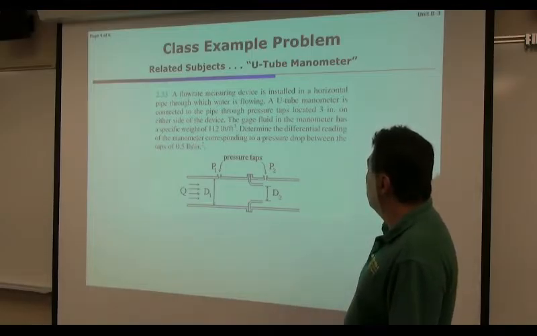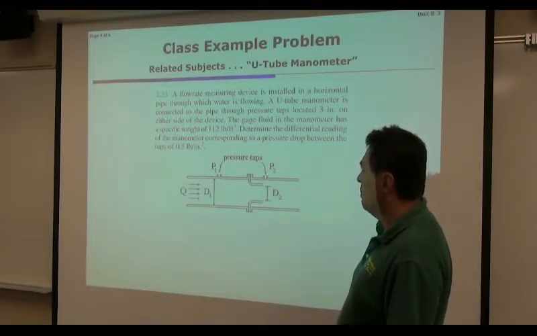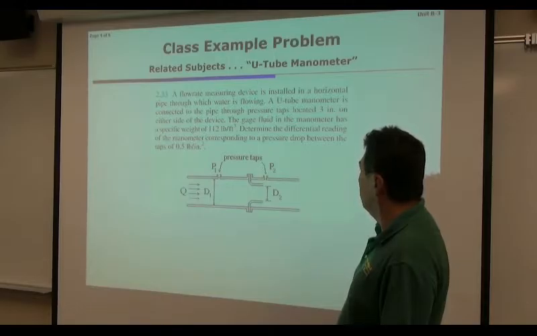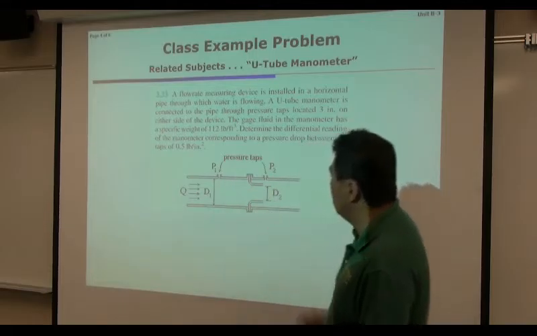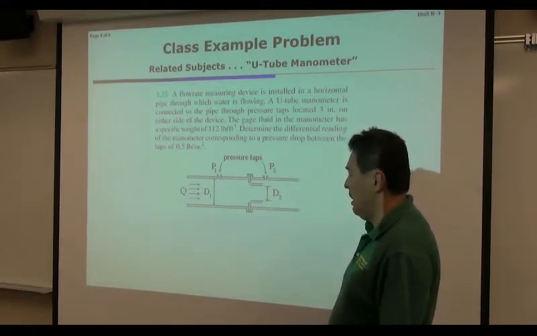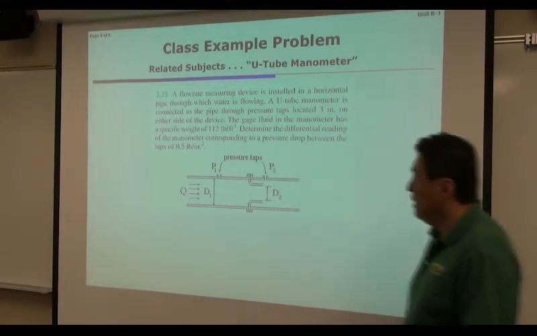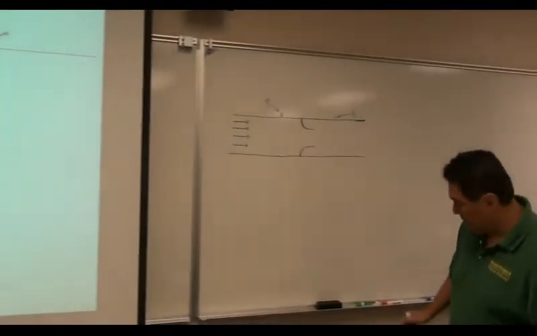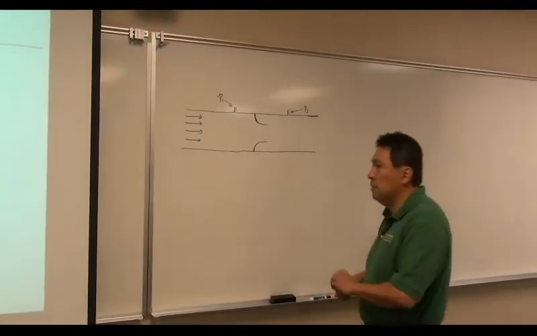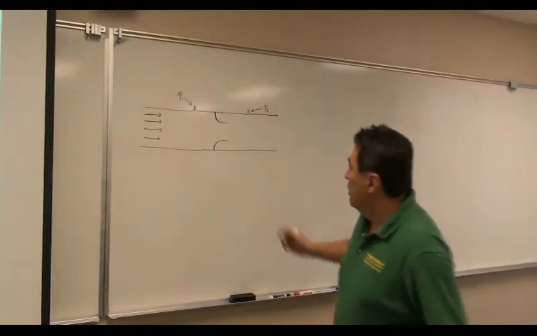Determine the differential reading of the manometer corresponding to a pressure drop between the taps of 0.5 psi. So this is again the same picture which I copied from the program statement.